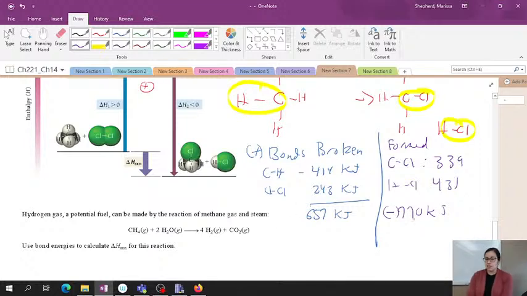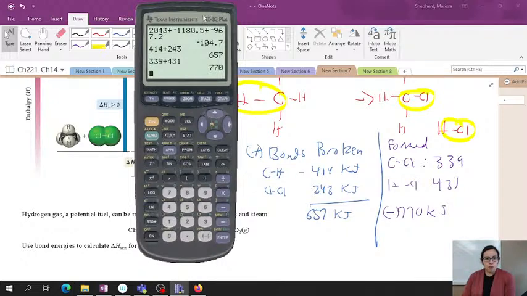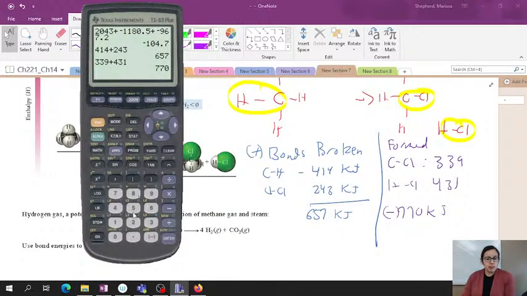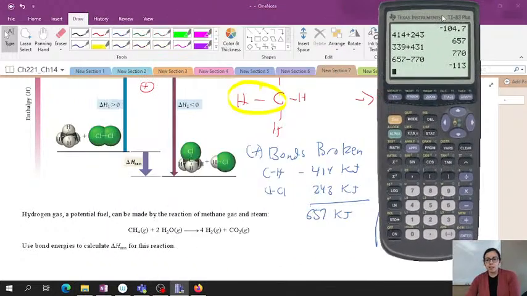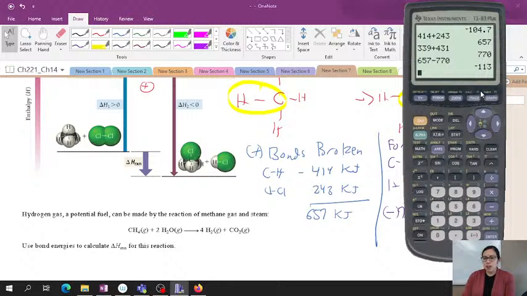And now we can just add these two together to get our overall delta H of the reaction. So we put in 657 kilojoules, we got out, I'm just going to subtract 770, and so this gives us the delta H of the reaction.